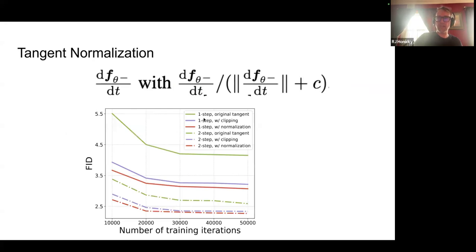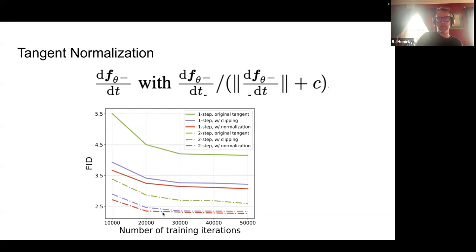Okay, and then there's this tangent normalization. They tried this, and they also tried just clipping to between -1 and 1. And they see that with our models, normalization has a lower FID score. This is Fréchet inception distance, a measure of the quality, or perceptual closeness, of images.